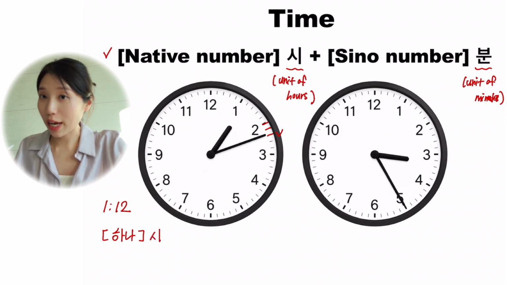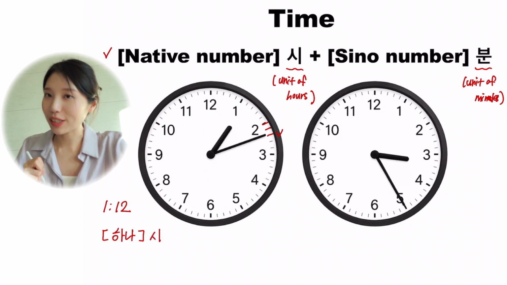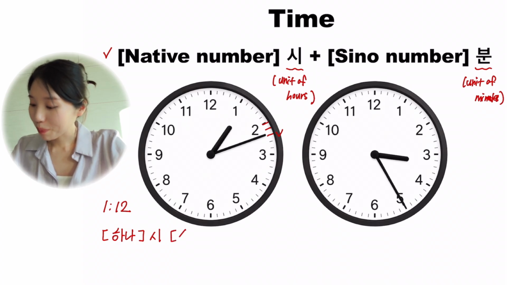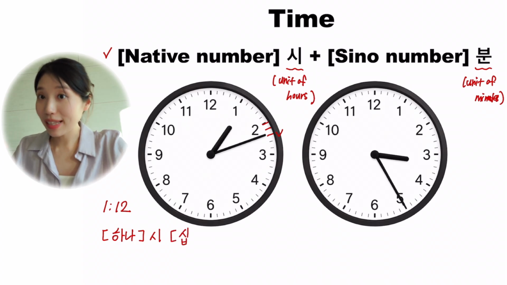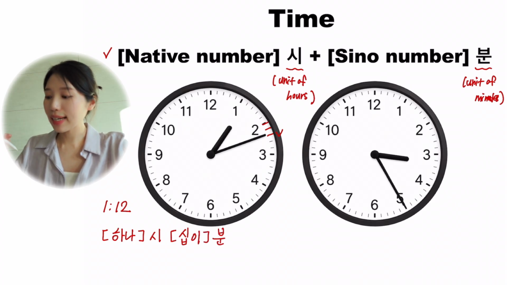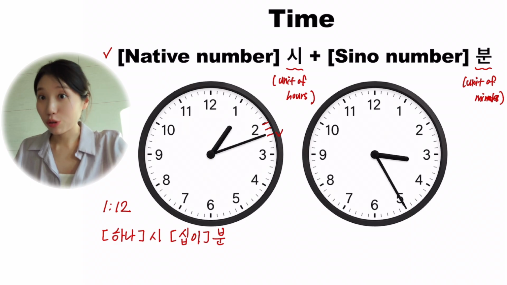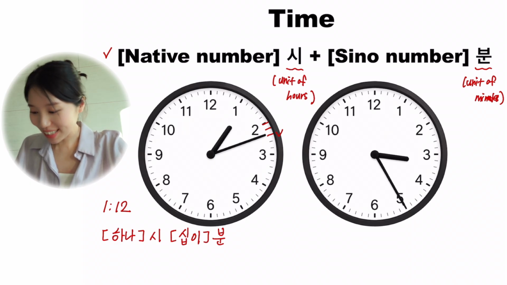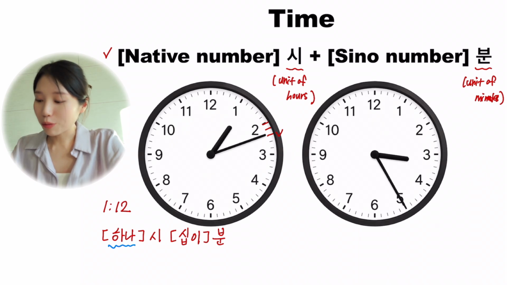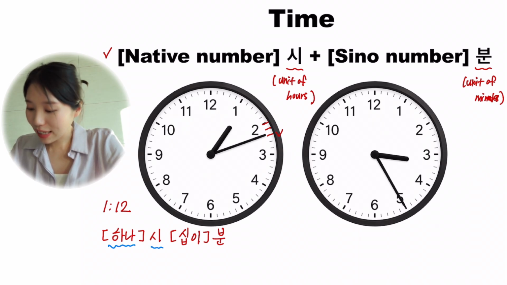And 12 we have to read in Sino Korean numbers, 10 and 2, and the unit is 분. So 하나시 12분.